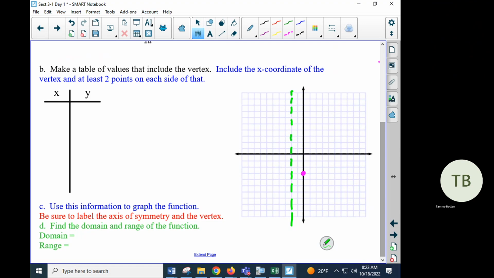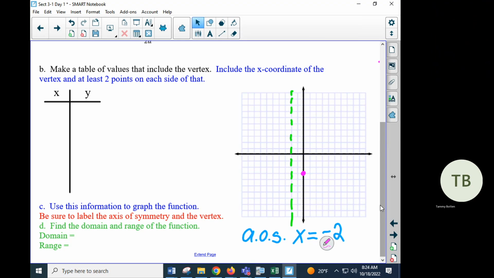Okay. And now that we do have to label, and when I label axis of symmetry, I do AOS for axis of symmetry. And then you say x equals, and it's -2. So you can't just say axis of symmetry -2, it has to be x equals because it's this line, okay?